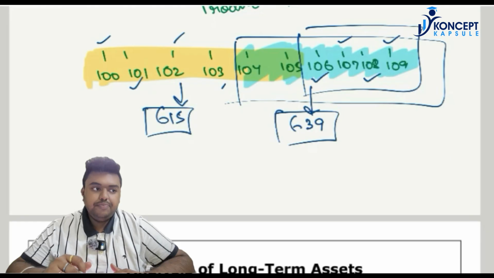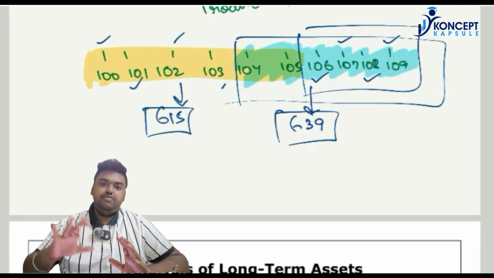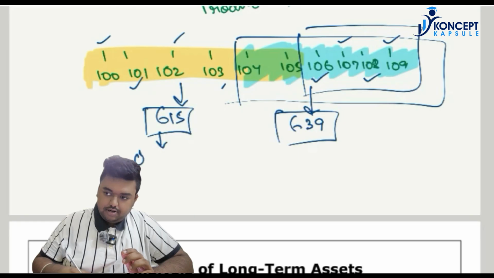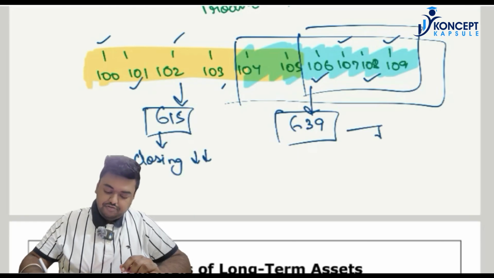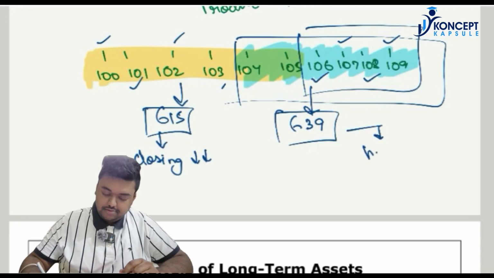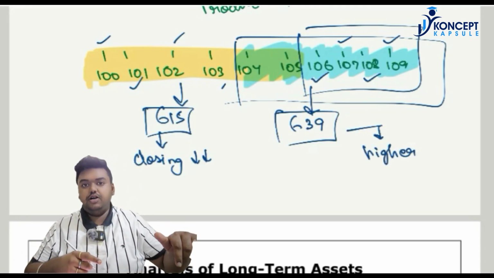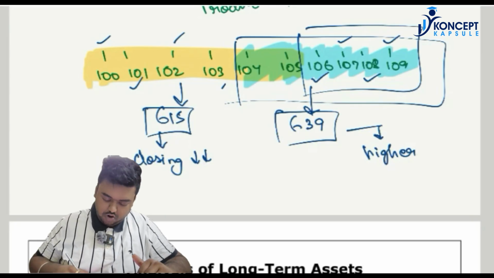So what do you see? In case of LIFO, in an inflationary environment, my closing inventory will be valued lower. But in case of FIFO, my closing inventory will be valued higher. However, it will be opposite in case of COGS. Okay, COGS is vice versa.